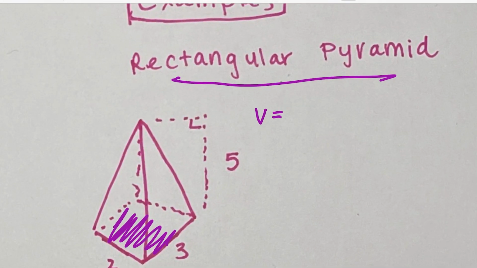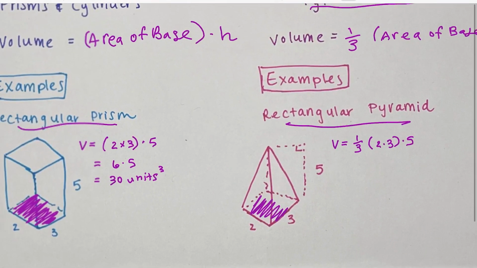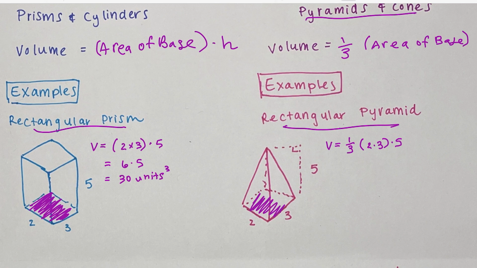The volume is 1/3 of the area of the base times the height of the whole pyramid, 2 times 3 times 5. But we already solved this part here. If this were a new problem, go ahead and solve it, but in this case we already know that part is 30. So we have 1/3 times 30, which is the same thing as 30 divided by 3, which is 10. So you've got 10 units cubed.